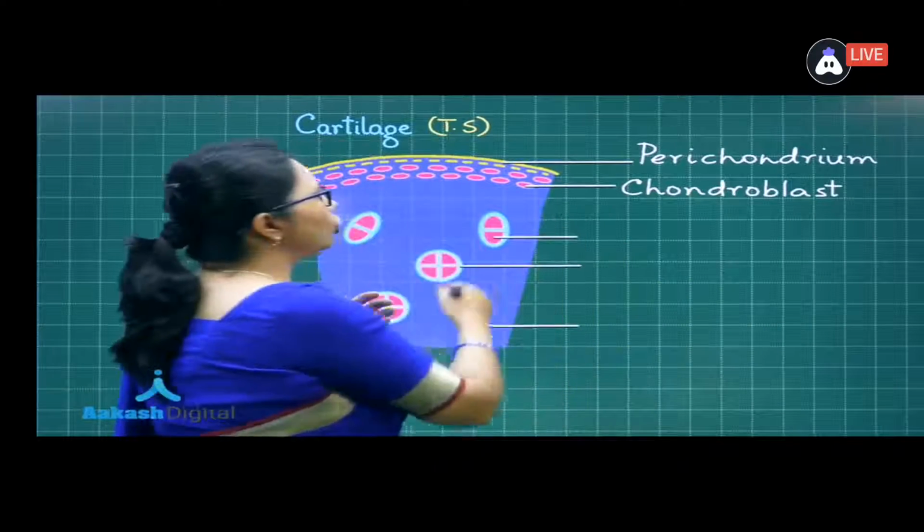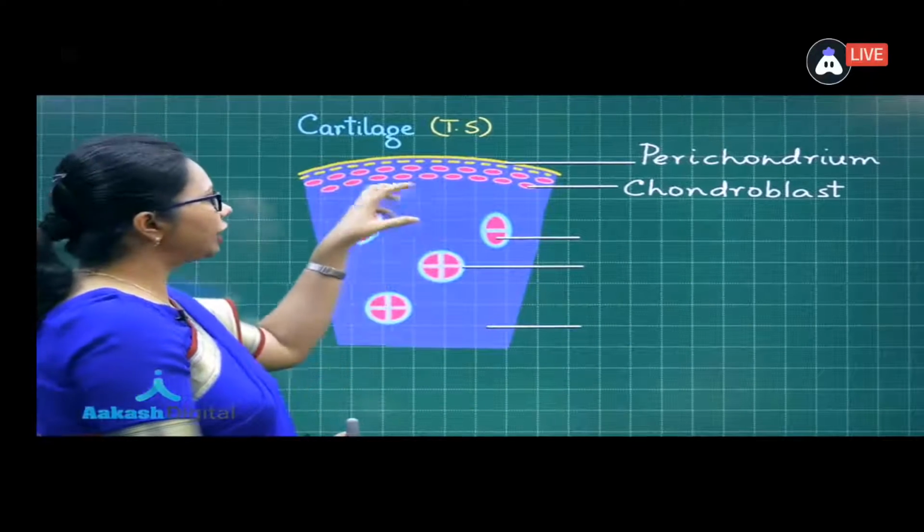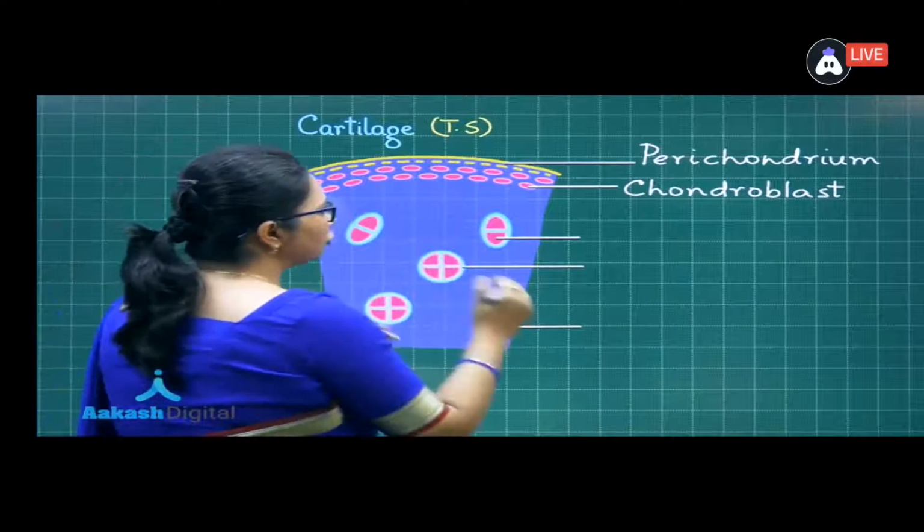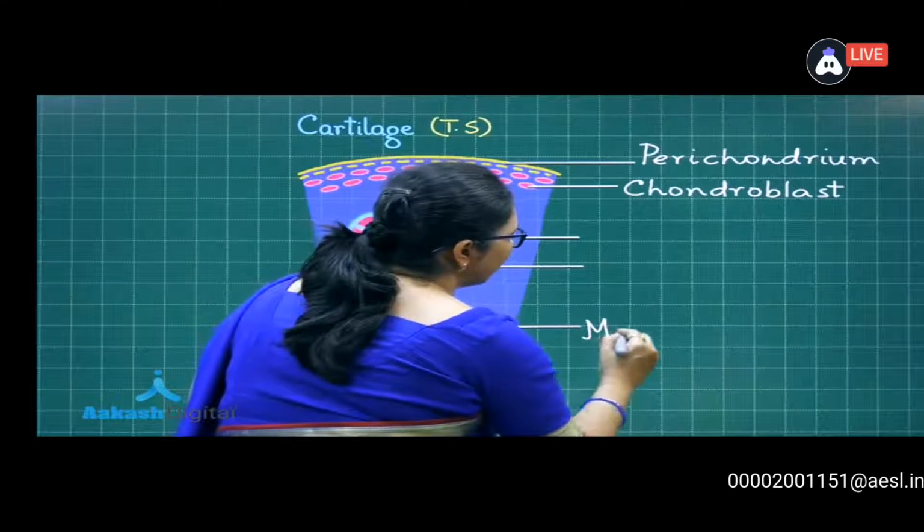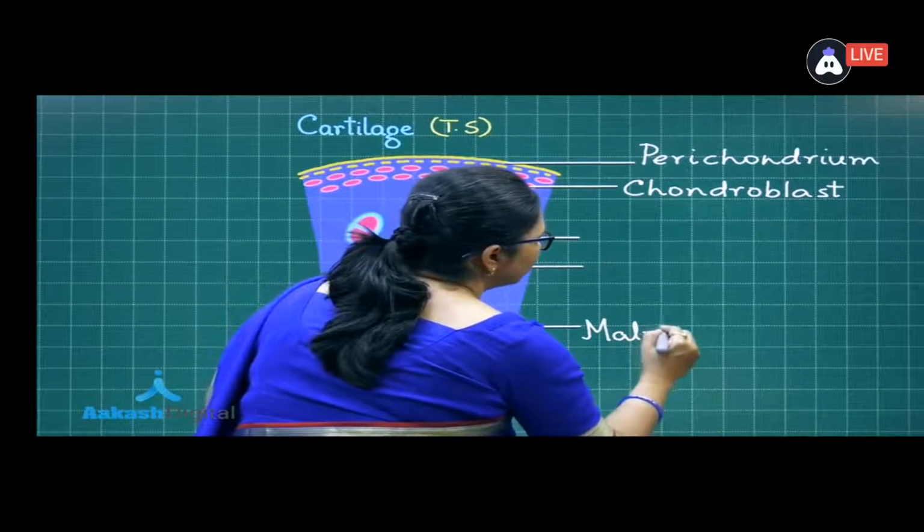Now these chondroblasts are the ones which are secreting the matrix here, the substance which is all present here, this is all the matrix.